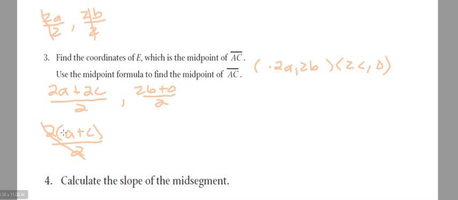When those divide, you're left with just a plus c. But people get in the habit of just dividing things randomly. You can't do that. Here, this is still 2b plus 0, so that's just 2b divided by 2, so I would get b. So the coordinates of E are (a plus c, b).